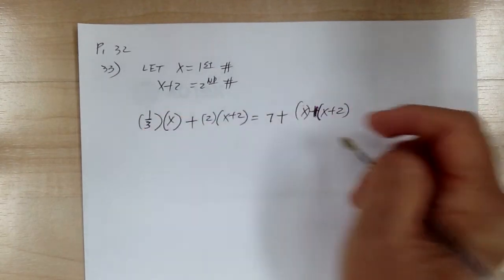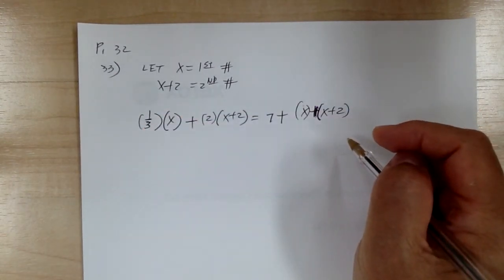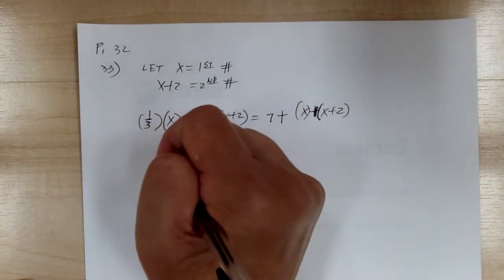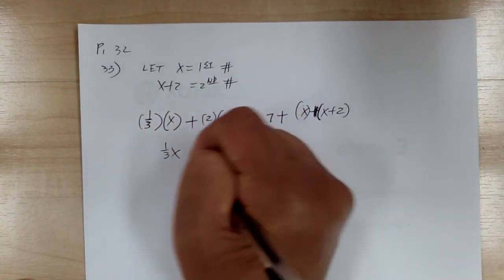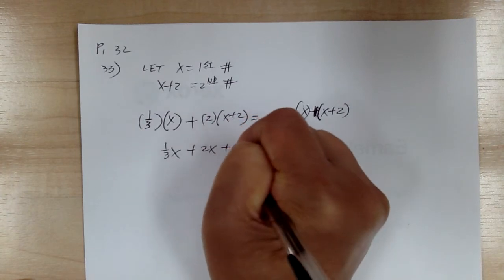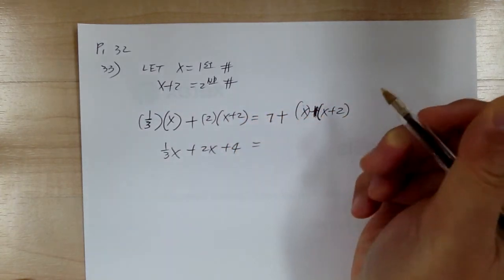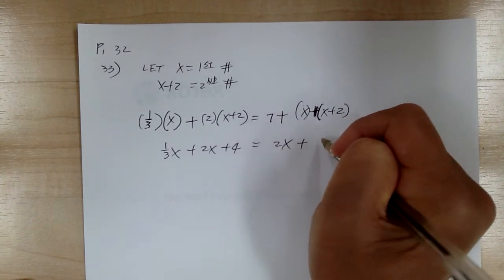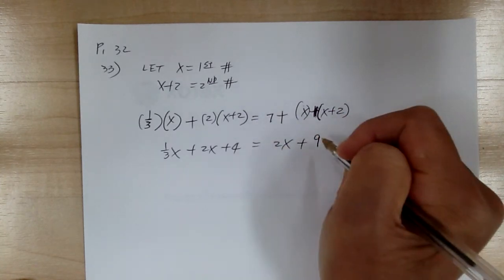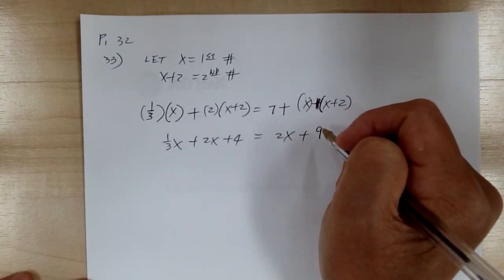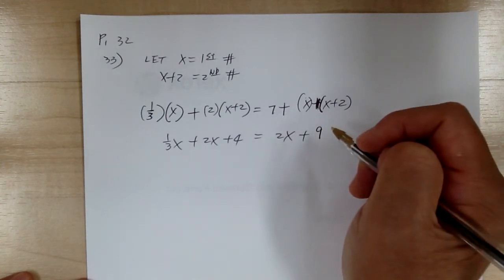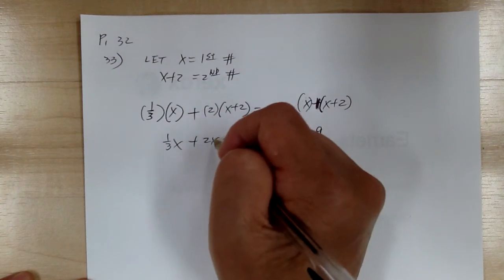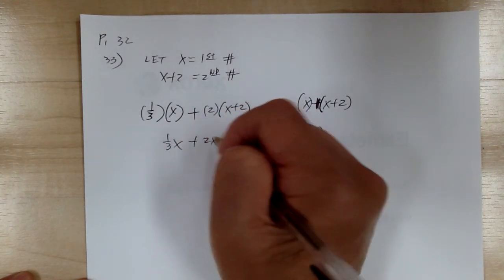Okay, so this is your translation. So now all you have to do is solve the equation. I'm going to multiply it out. So I get 1/3 x plus 2x plus 4 equals, adding all this together, 2x plus 9. Then actually the 2x will cancel out. Okay, so it's kind of nice.